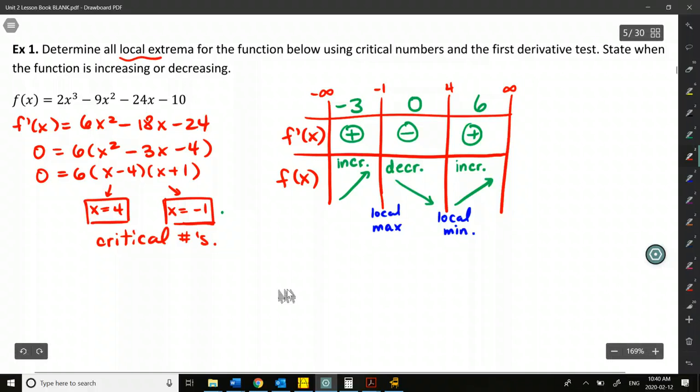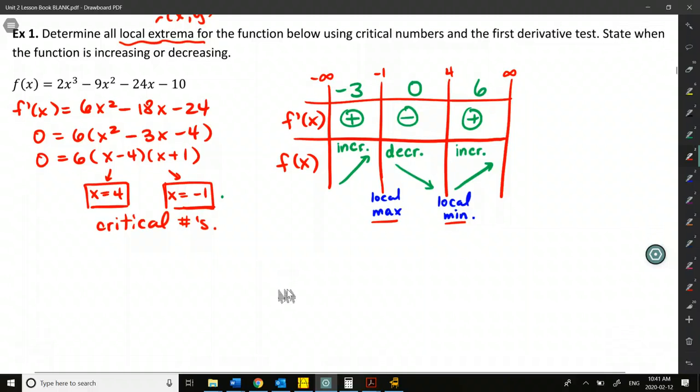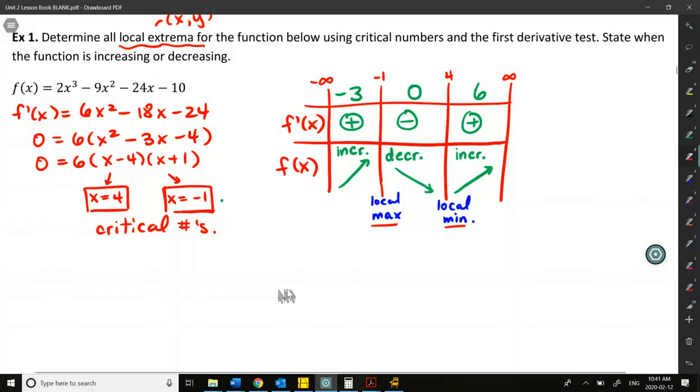Now, if I want to identify the local extrema, I ideally would like an xy coordinate for this. So now that we've identified these as local maxes and local mins, the final local extrema values, local maximum point and local minimum point, can be found when we evaluate the function for f at -1 and f at 4. So we're just going to plug that in quickly here to find our points.